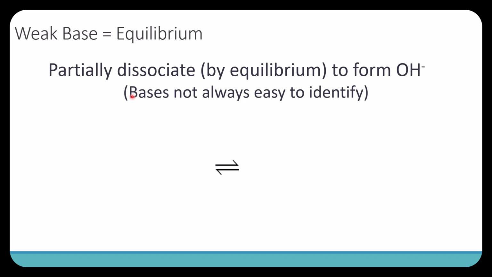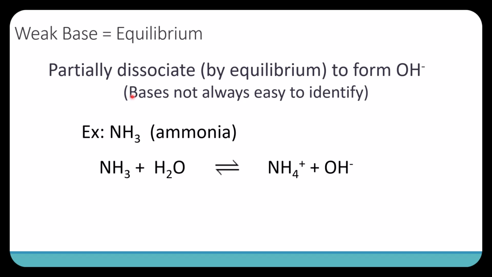So here's an example of a weak base. Our poster child is ammonia. So I told you that ammonia is a base. Bases are proton acceptors. So when ammonia accepts his proton, he's going to be NH4. So we see that extra hydrogen, and then the plus charge comes with it.